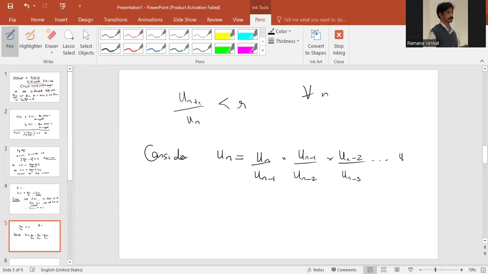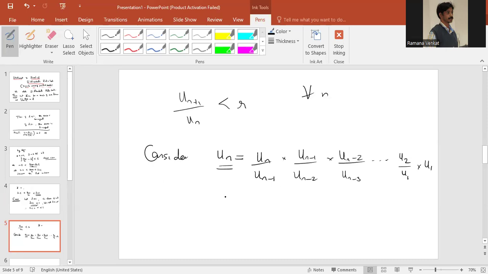We are decreasing, so eventually we get u1 at the end. We have it as un only because we cancel all these terms. I've just multiplied and divided by un minus 1, multiplied and divided by un minus 2, and so on. So it's the same thing as un.